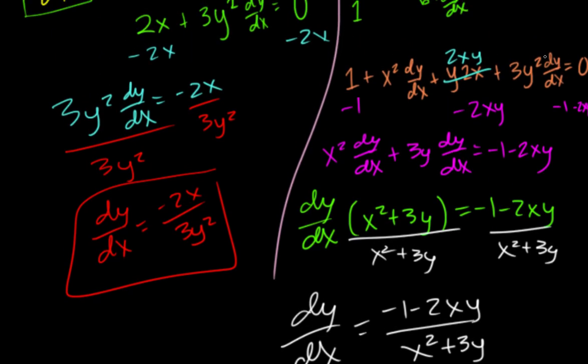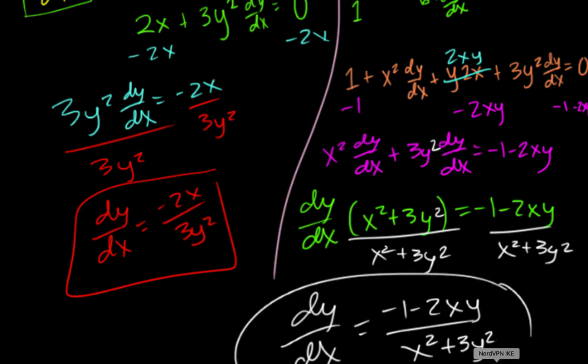And when I rewrote this down to here, I left off this squared, which means I left off these. And so that should have been squared. Sorry about that. Okay, moving on.